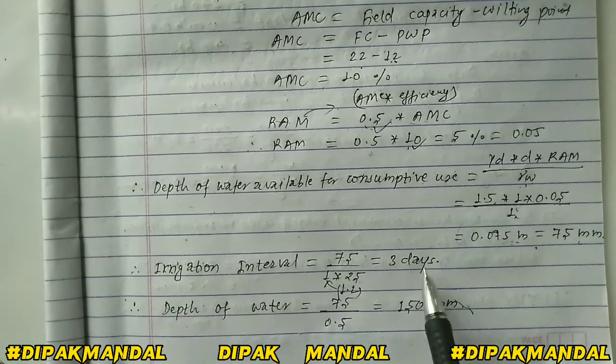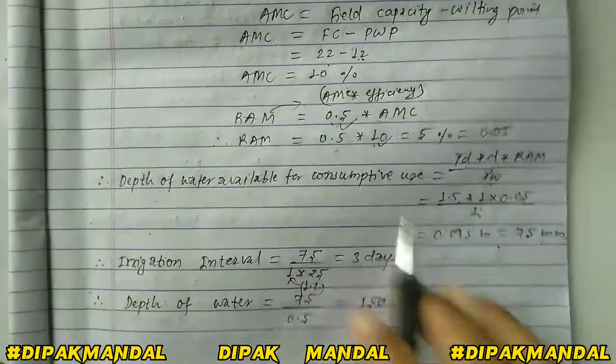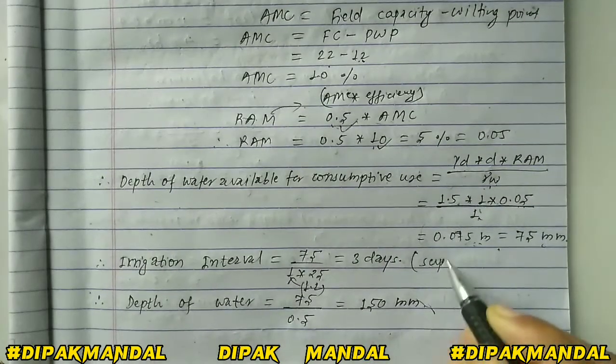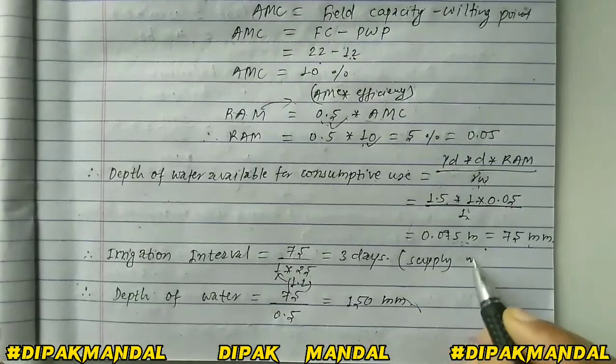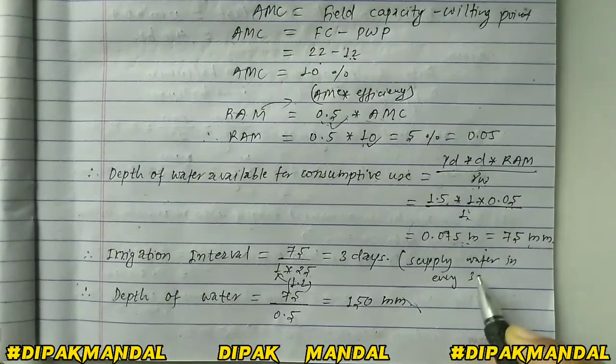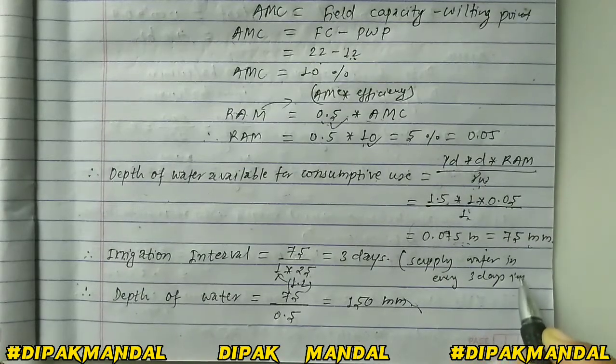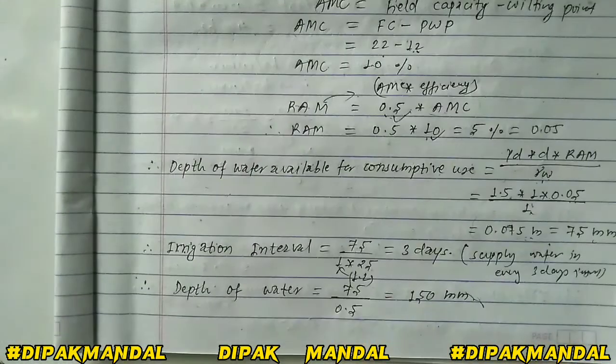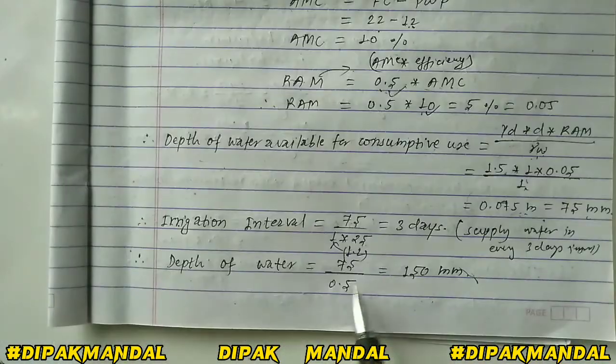Simply, 3 days means we have to irrigate the land at every 3 days interval. We have to supply water in every 3 days interval. Now we can calculate the depth of water equal to 75 by 0.5. For the depth of water we have to divide by the efficiency.